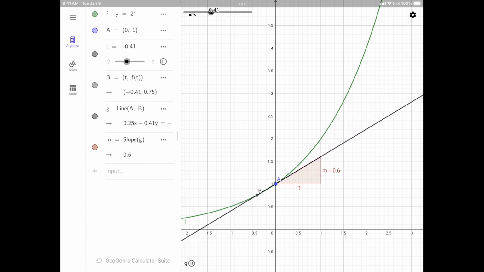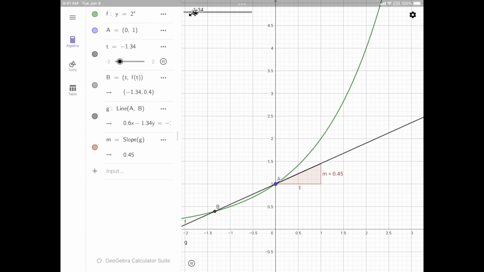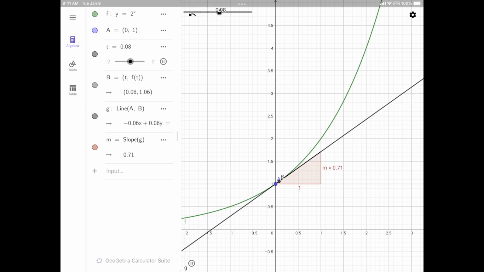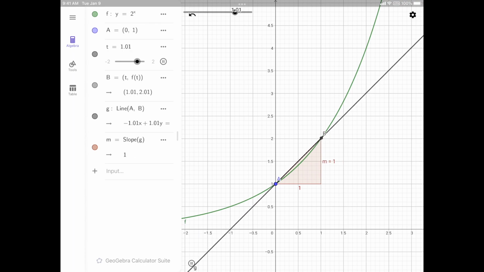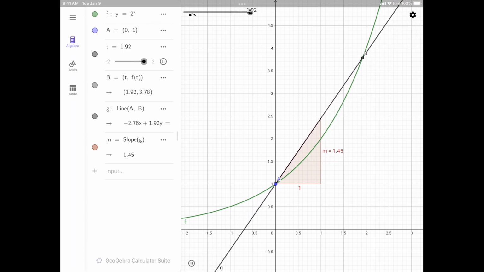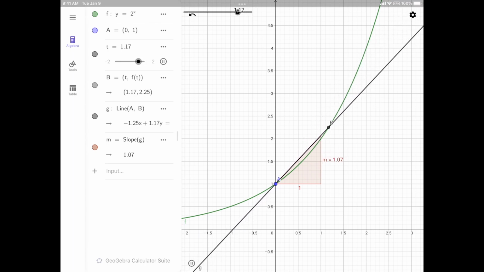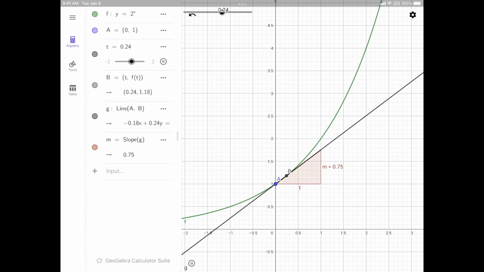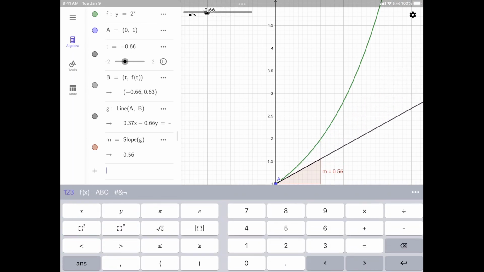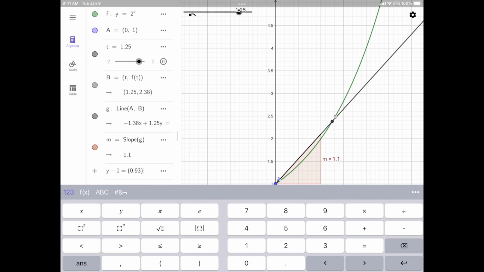Another thing we can do is to actually draw the tangent line that we would have if we assumed that the slope was ln of 2. If we do the point slope formula for that equation, we would go y minus 1 equal to, and then the slope, which we know is ln of 2.